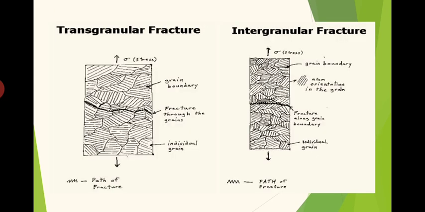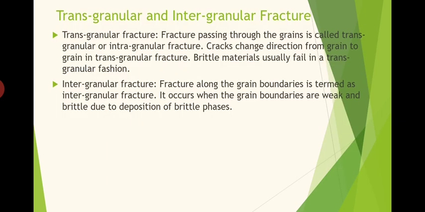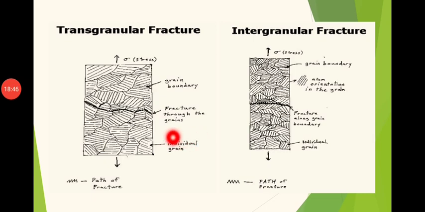You can see it from the figure. See, in this figure, the cracks are propagating within these grains. That type of fracture is known as transgranular fracture. This entire bounded region is one grain, this one is another grain, like that grains are shown here.